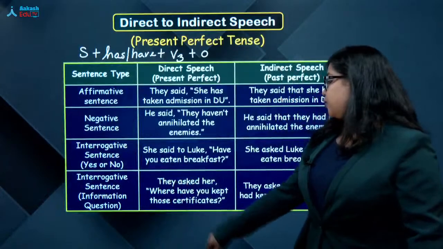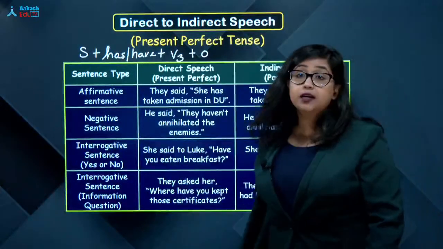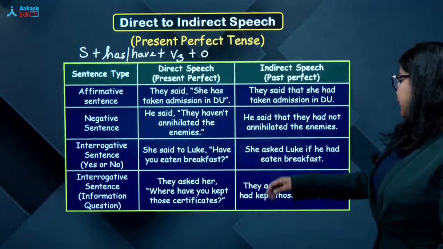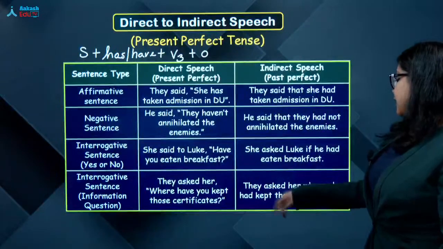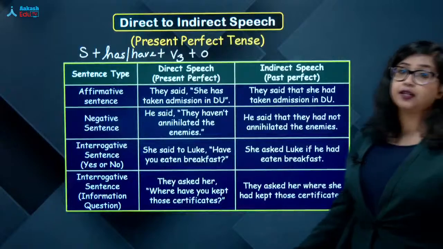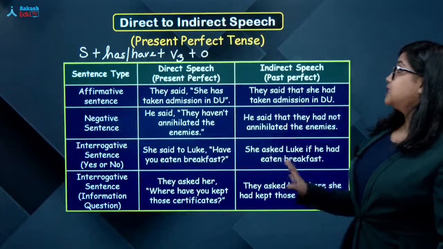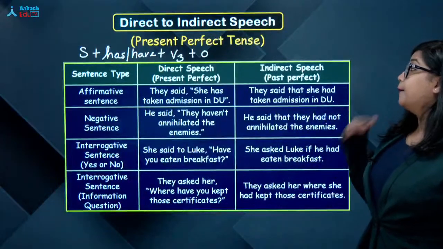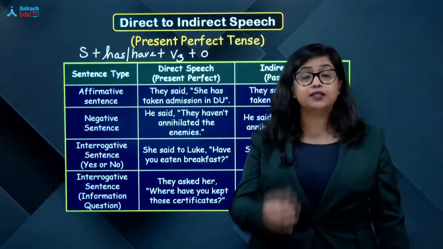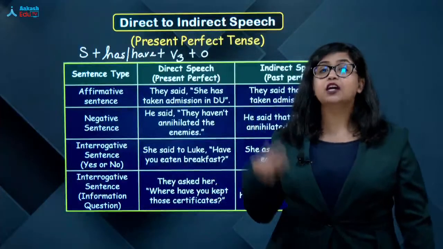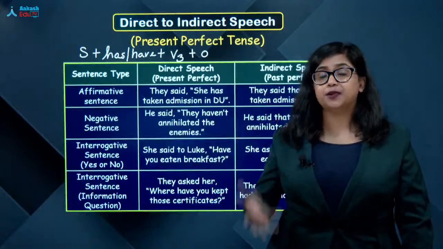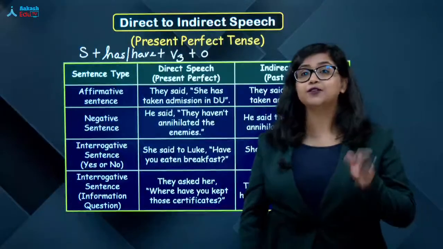So, they asked her where have you kept those certificates will now become they asked her where she had kept those certificates. So, this is how we are going to change a present perfect tense sentence. So, once again present perfect changes to past perfect tense. That is all you have to remember.